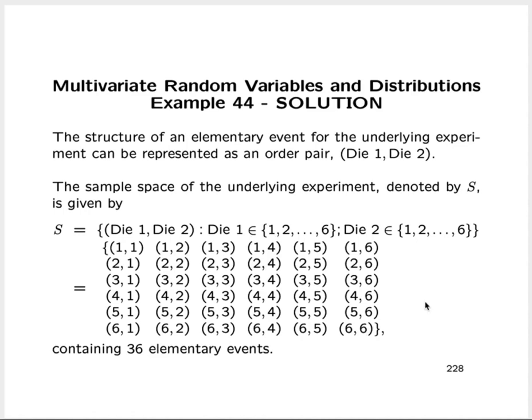Now, let me just point out here that because the two dice are fair, and because the outcomes on the two dice are independent, these 36 possible outcomes are equally likely. So to compute probabilities involving these events, all we would have to do is count the number of ways that an event of interest can occur, and then divide by 36, which is the total number of elementary events in the sample space.